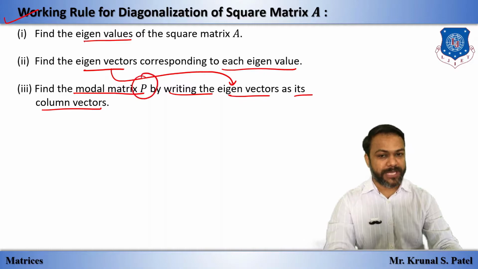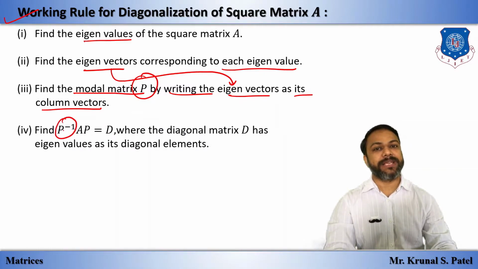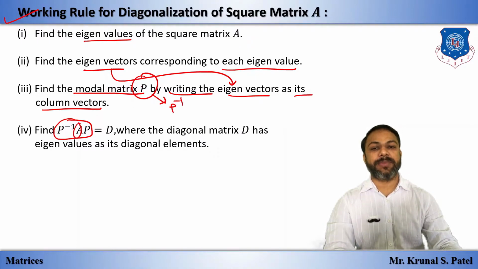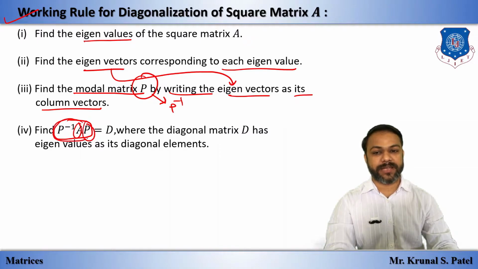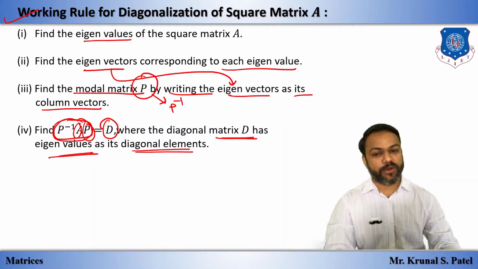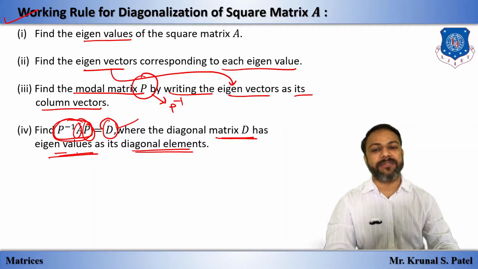Then find P inverse, then multiply P inverse AP, where P inverse is obtained from here, A is the given matrix and P is the model matrix. Multiplying these 3 matrices, we will get matrix D, which is our diagonal matrix, and its diagonal entries are nothing but the eigenvalues.